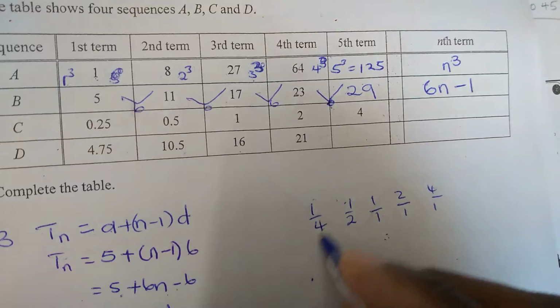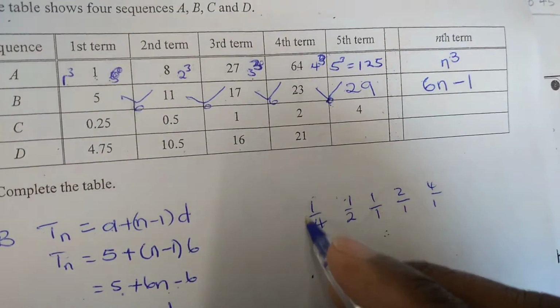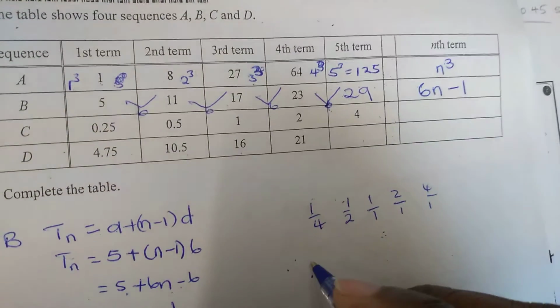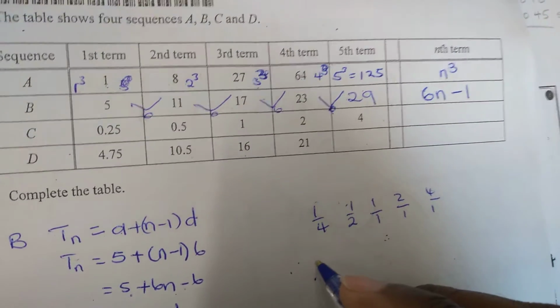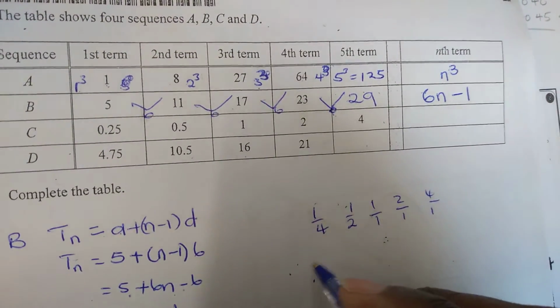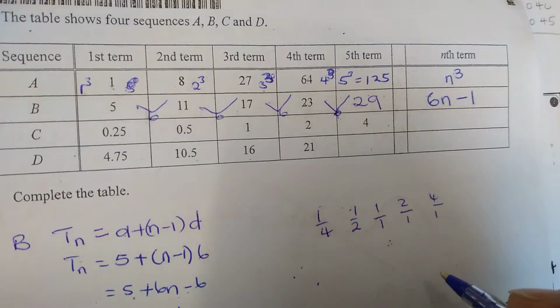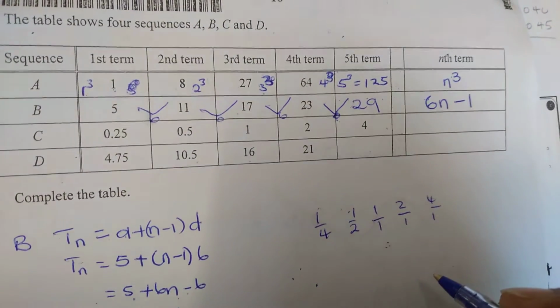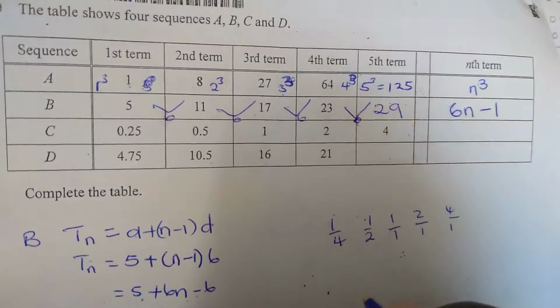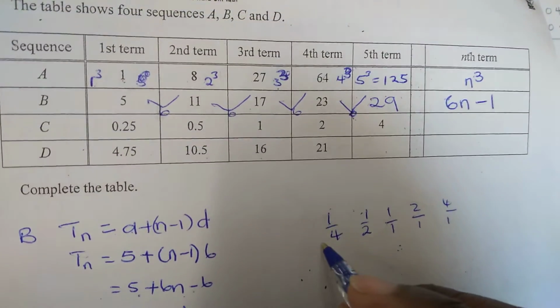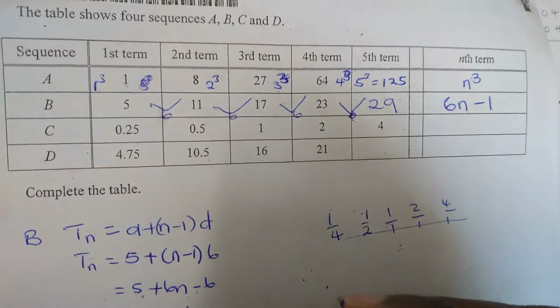Okay, let's look at how this is going. If we say this is the nth term, it means something to the power n will give us 1/4 if n is 1. So we want to find a sequence that will make these numbers work.